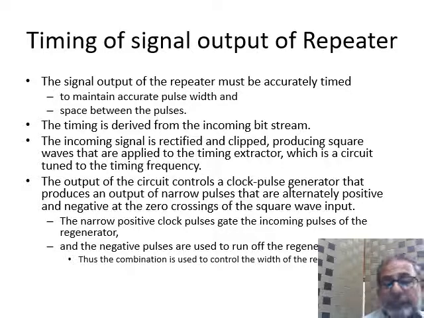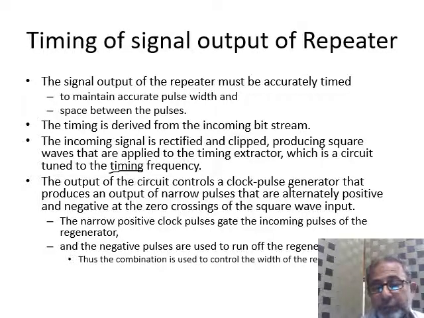Timing of the signal output of repeater. The signal output of the repeater must be accurately timed to maintain accurate pulse width and space between the pulses. Timing is derived from the incoming bit stream. The incoming signal is rectified and clipped, producing square waves, which are applied to the timing extractor, a circuit tuned to the timing frequency.